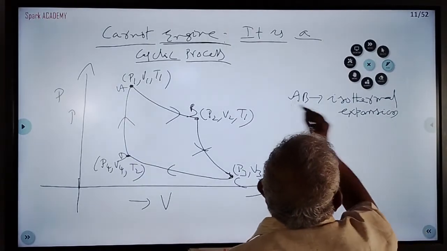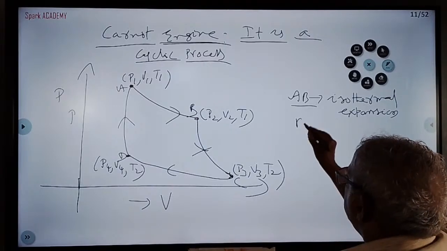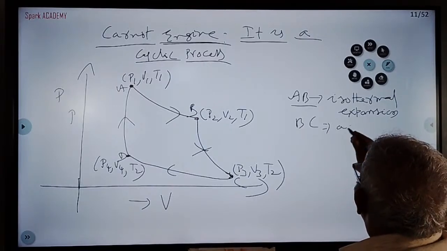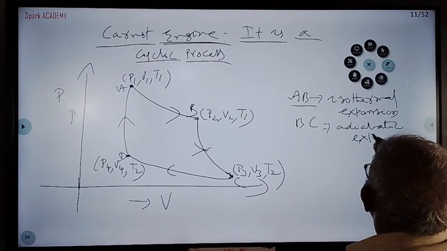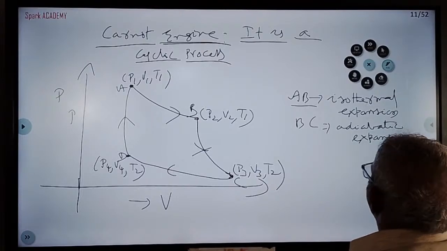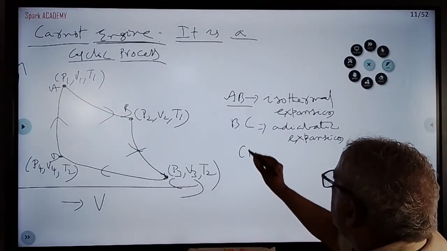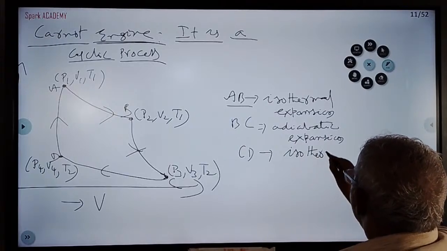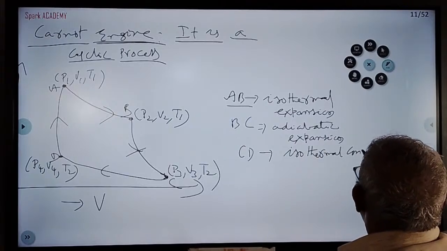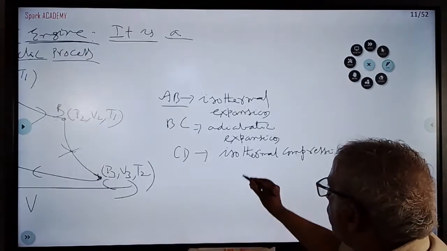AB is called isothermal expansion. BC is called adiabatic expansion. Okay, students, CD is called isothermal compression. Compression means volume is decreasing. Isothermal compression. D to A.